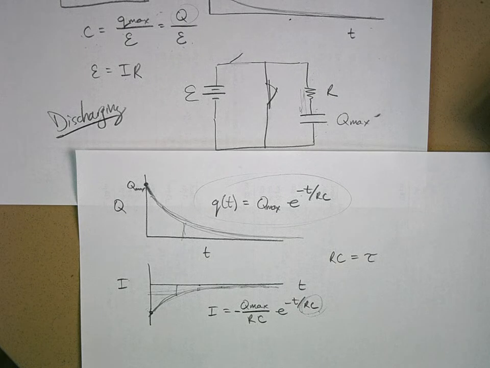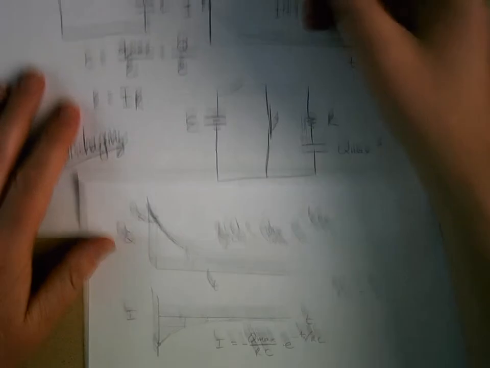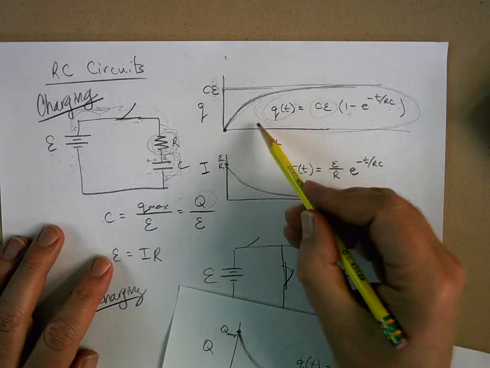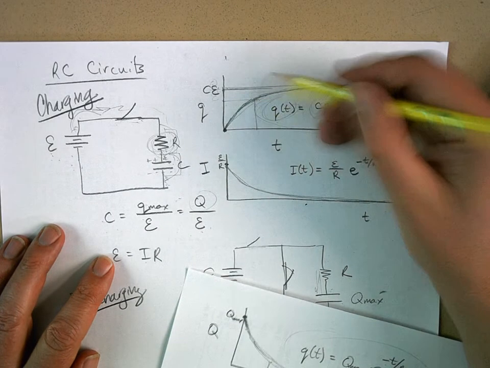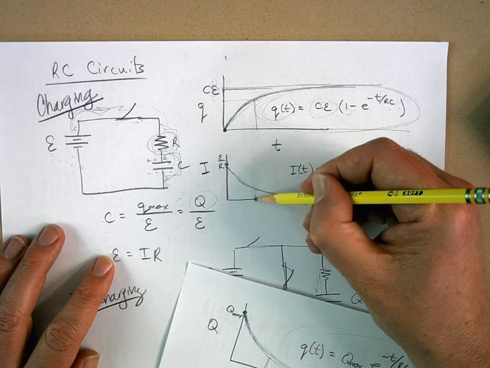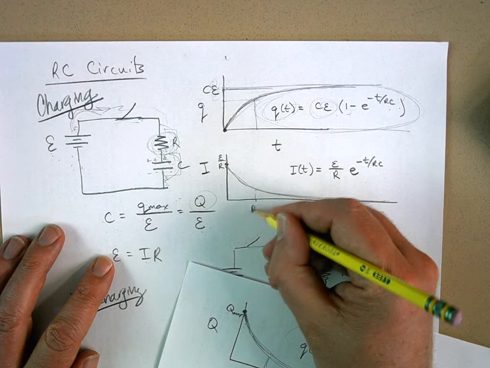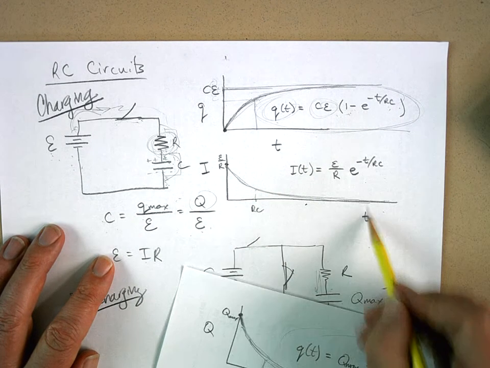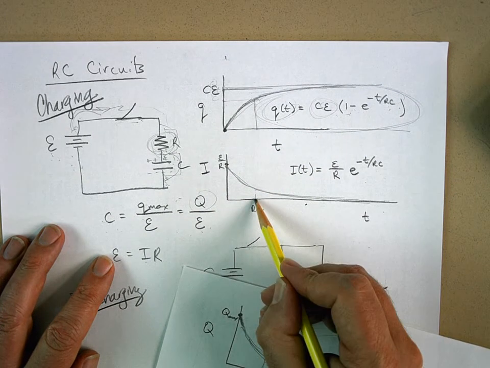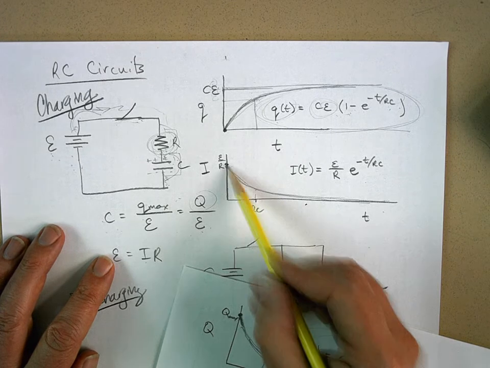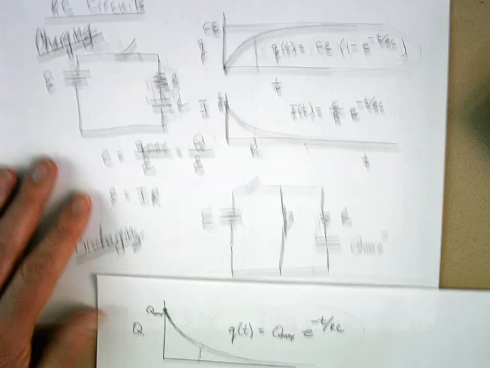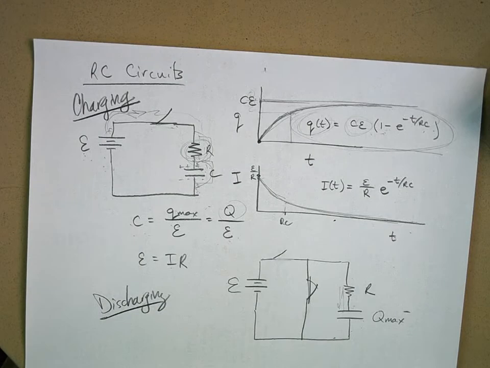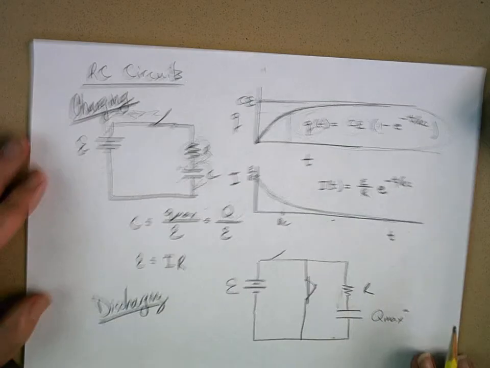Well, tau up here, right? That's right here. And then tau would be like right here, RC. See, this is the time axis. So this is RC as a time. It's pretty interesting how exponential functions work. It's very, very cool stuff.